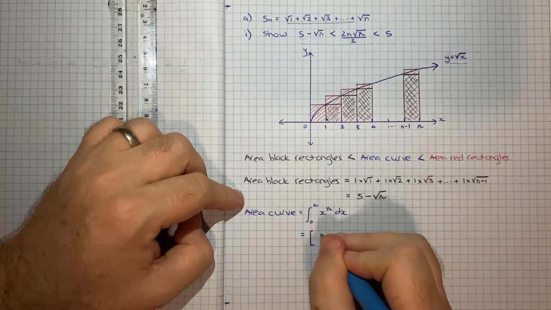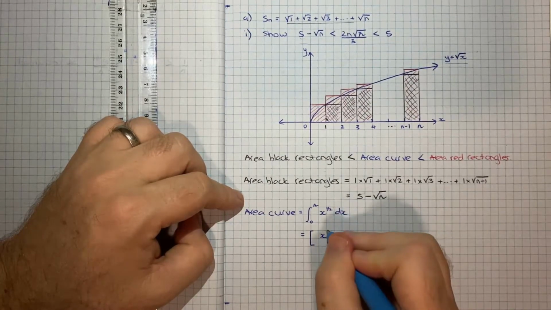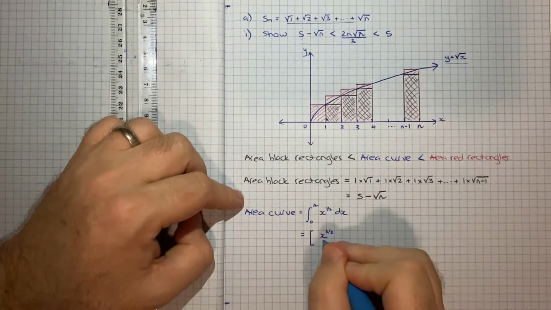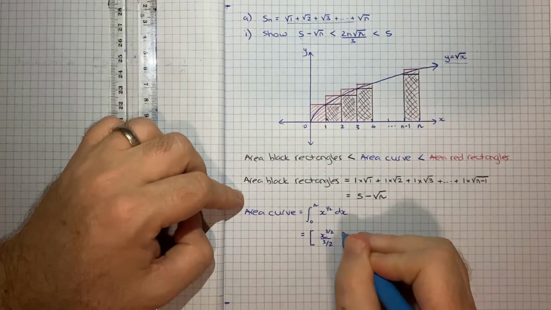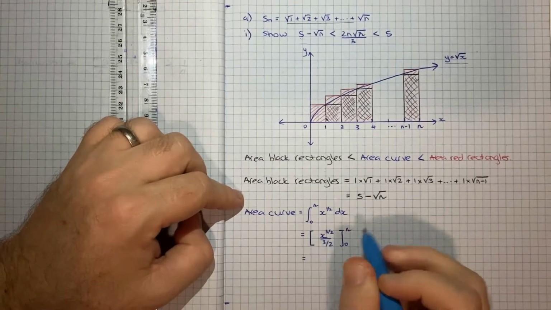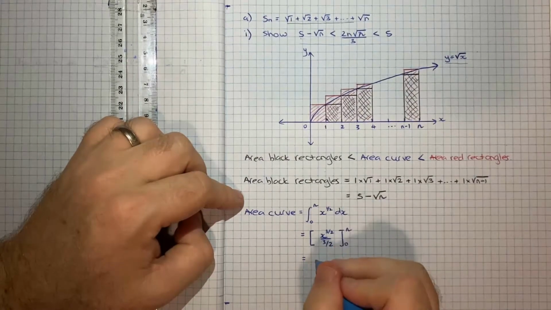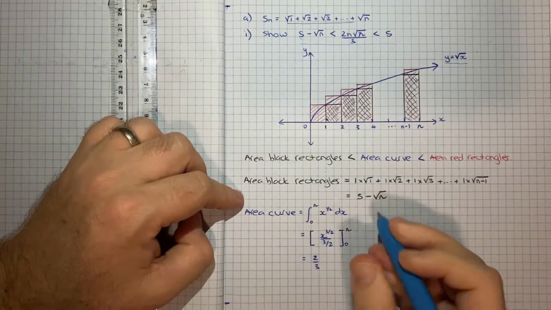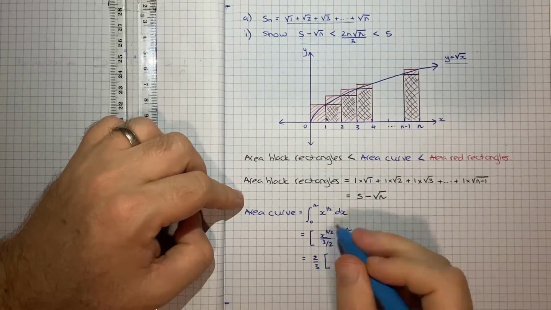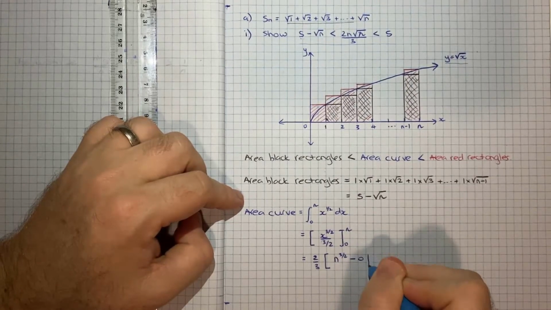So that would be x to the half plus 1, 1.5, or 3 on 2, divided by 3 on 2, between 0 and n. So I'll just bring this out. So 3 on 2 in the denominator, we can invert it. So it will be 2 on 3 times n to the 3 on 2 minus 0.